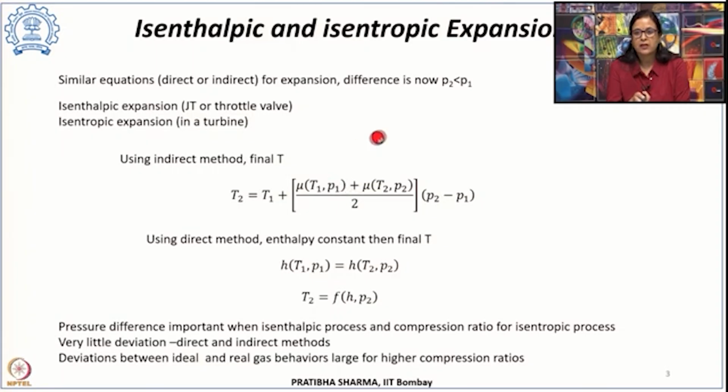The difference is that this is an expansion, so there will be a pressure drop, and the outlet pressure or delivery pressure is lower than the inlet or suction pressure. So the condition we will be using is P2 less than P1.